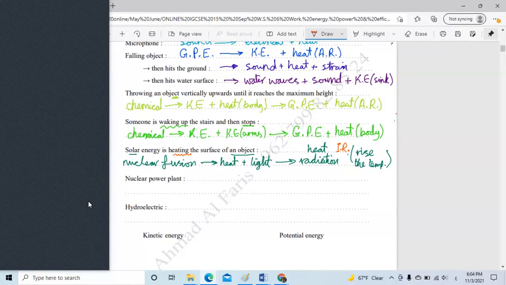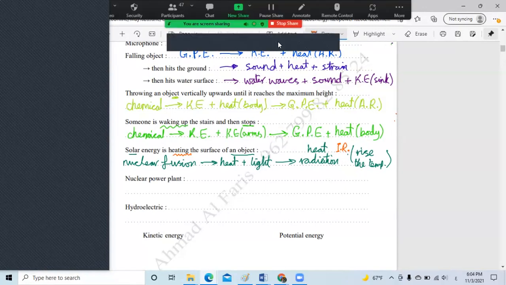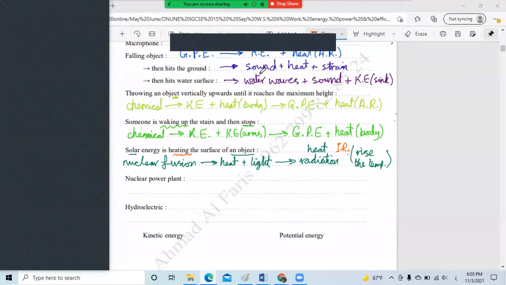So that's the difference between nuclear fusion and nuclear fission. Yes, both of them produce energy. Now, a lot of countries use nuclear power plants to produce electricity in their countries.